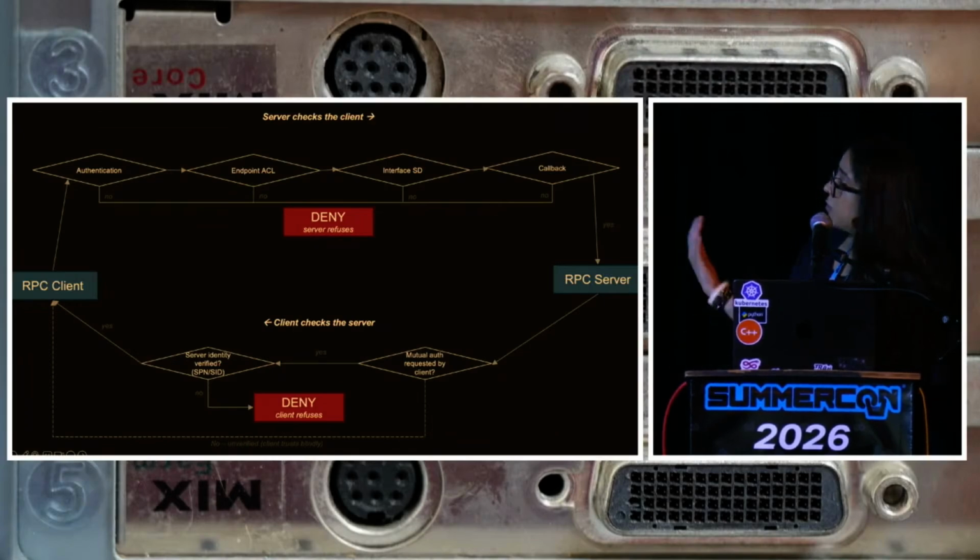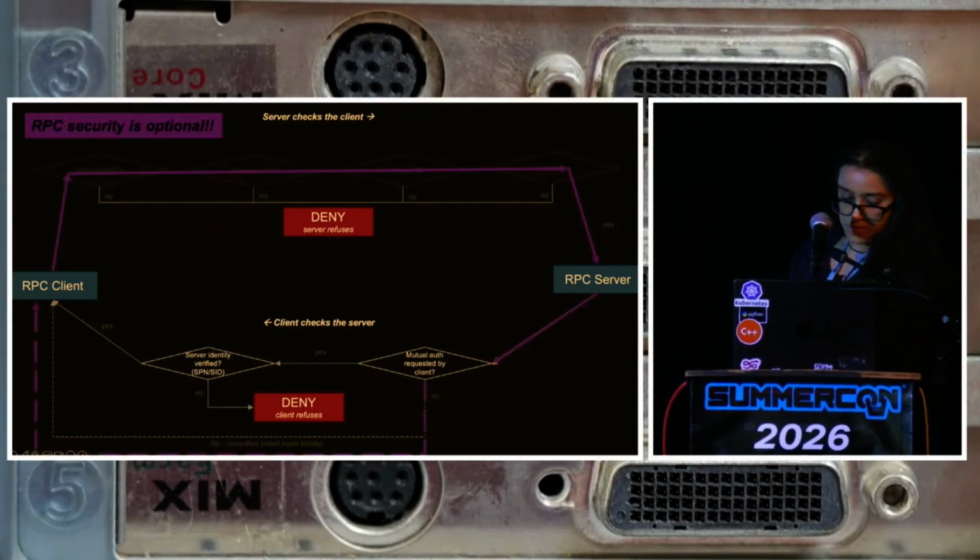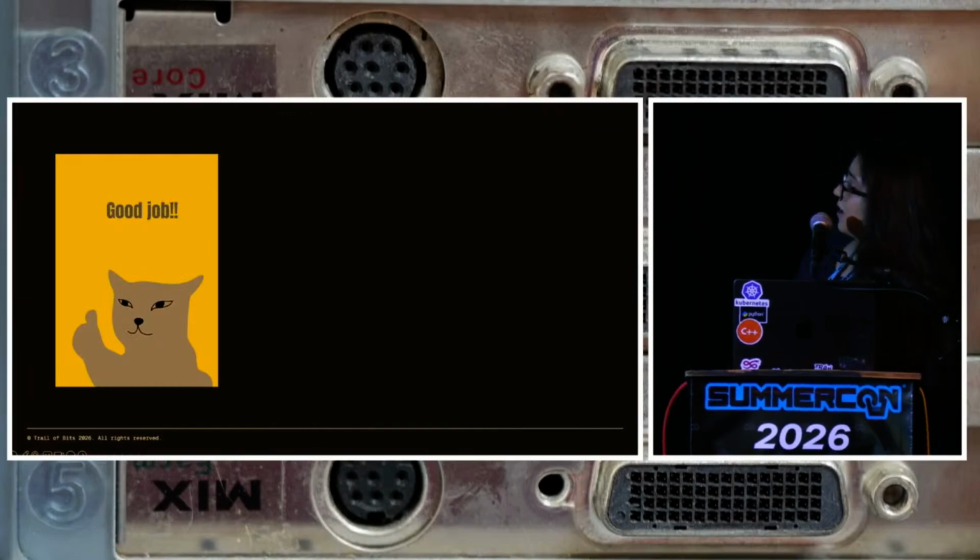And you can set rules on what they should be able to do with it. So I know that was a lot of information, and it took me a long time to understand all this. So if you're keeping up, good job.